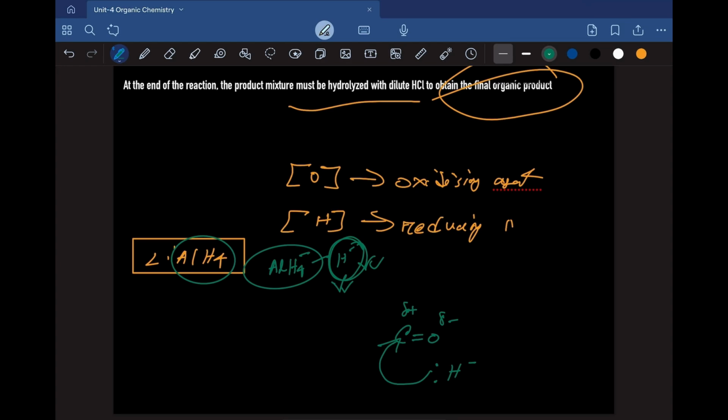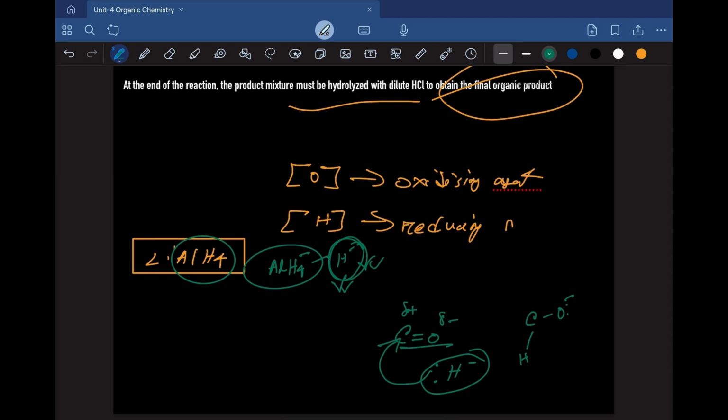The C=O bond is polar, and thus the electropositive carbon is attacked by this H minus. This is how it is done. When it attacks, it becomes like this, and here the carbon bonds with the H.